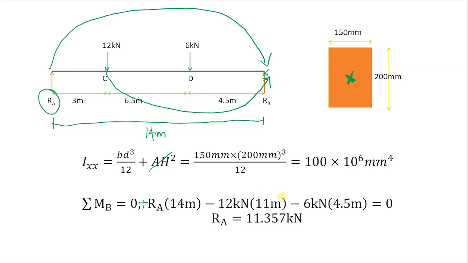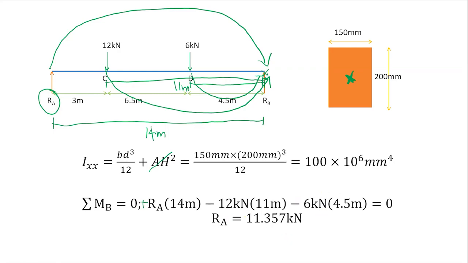Darab dengan 11 meter. Here, this is 11 meter the distance. And 6 kilonewton counterclockwise juga. Darab dengan 4.5 meter the distance here. 4.5 meter equal to 0. Maksudnya equilibrium. RA adalah 11.357 kilonewton. So, you boleh dapat lah.